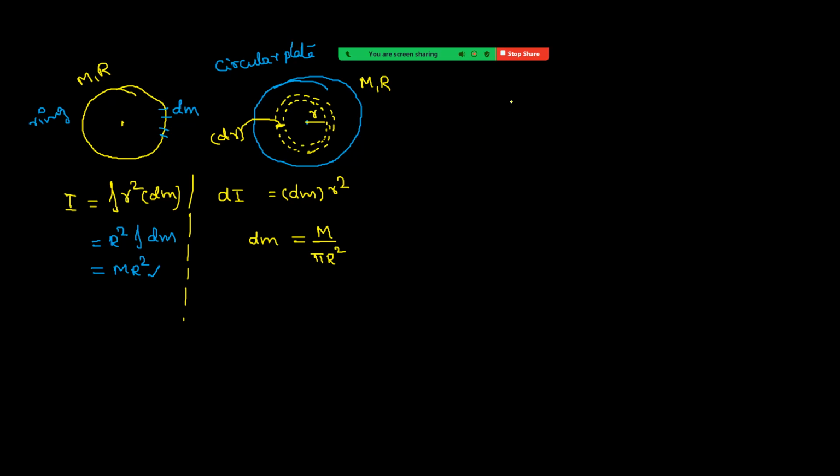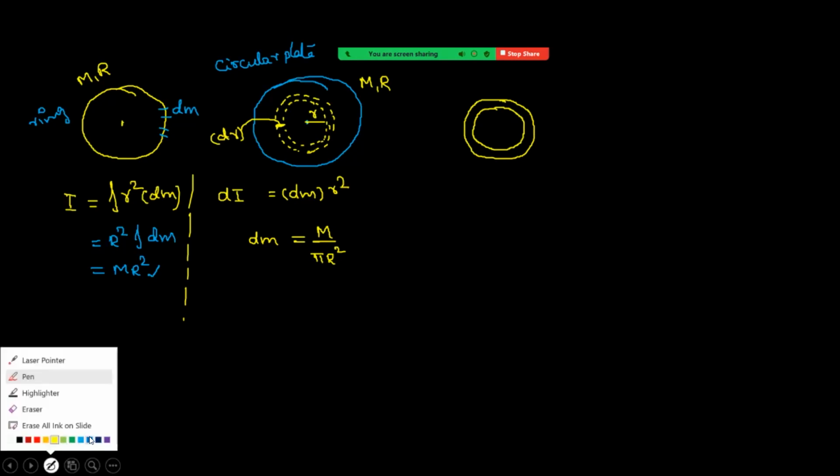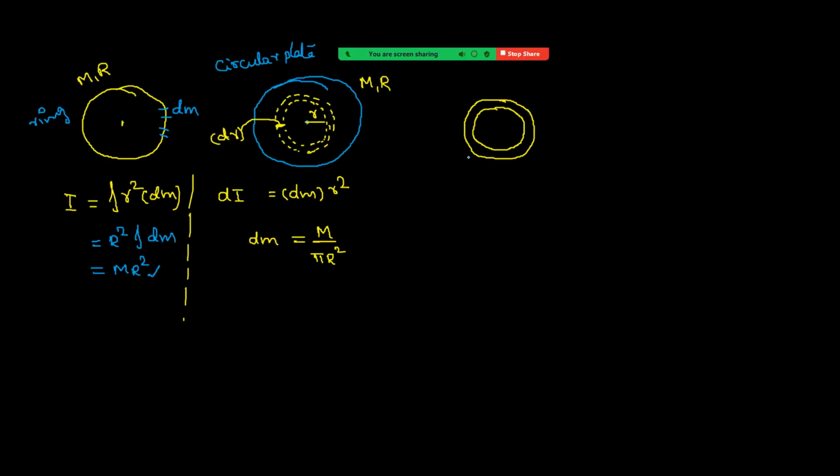I am drawing a separate diagram. This is the ring which we have taken, and in that we are finding the area of this part, because we want the mass of this part, the mass of the ring.